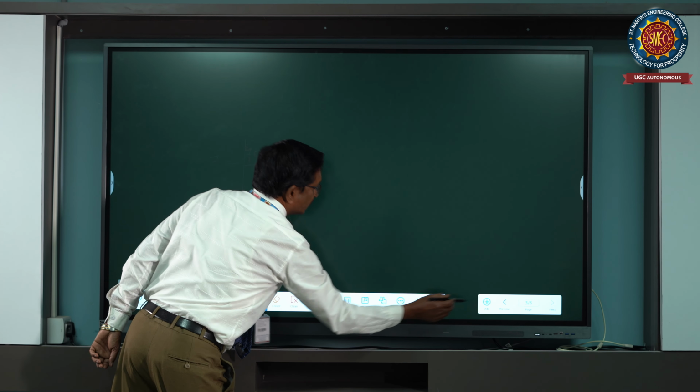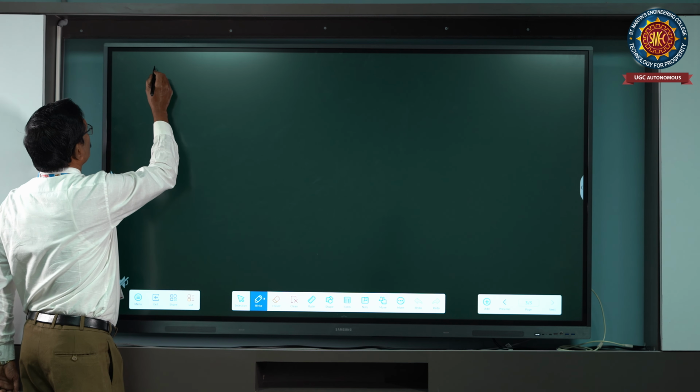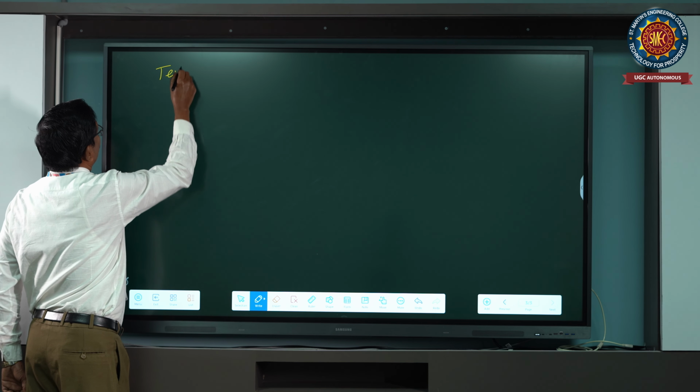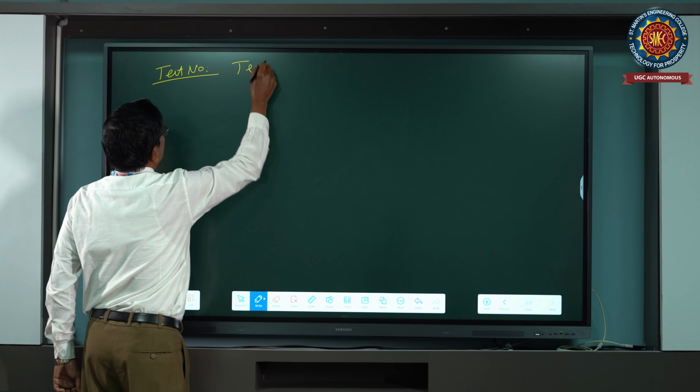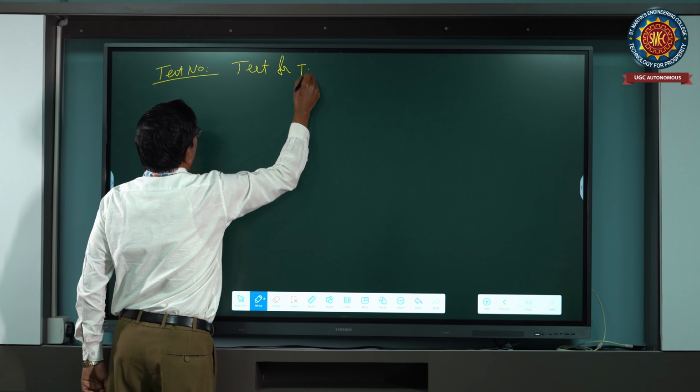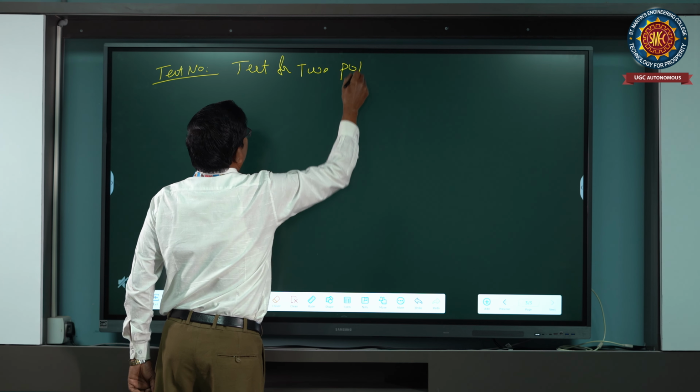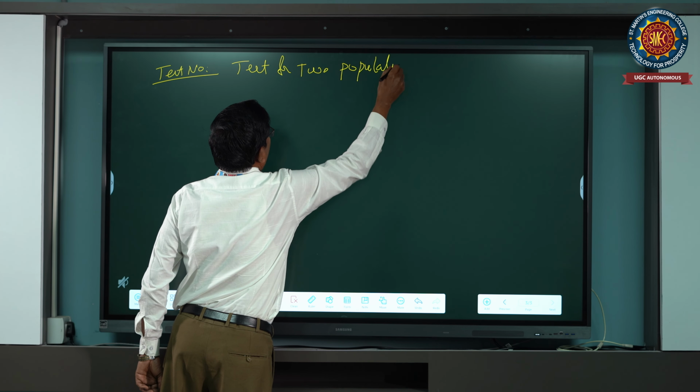Next, we go for the second test, test number 2. This is the test for two populations, in a large sample.